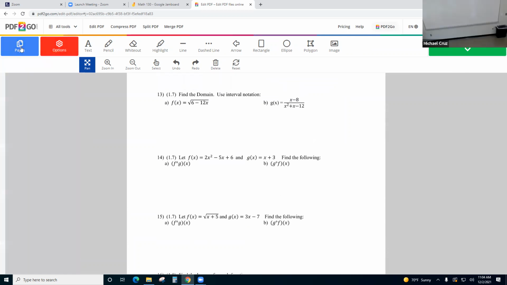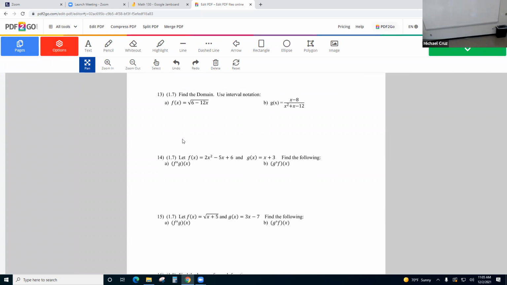All right, so in finding the domain, generally for a function you're looking at negative infinity to infinity. The only thing that's different is the logarithm, in which case you have to solve the inside of the logarithm to find out what makes it greater than 0.